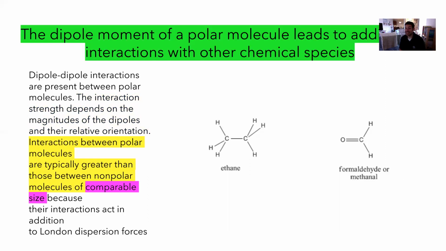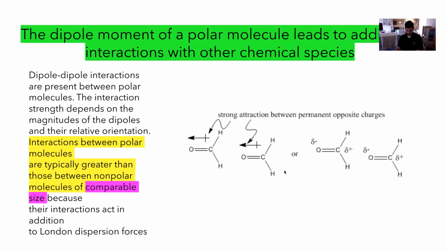Again, dipole-dipole is only stronger than comparable forces like LDF or dipole-induced dipole when we're thinking of a comparable size. So ethane and formaldehyde are comparable sizes. Ethane is only carbon-hydrogen bonds, so it's nonpolar, whereas formaldehyde has the carbon-oxygen double bond, pi bonding, and the difference in electronegativity forming that permanent dipole.